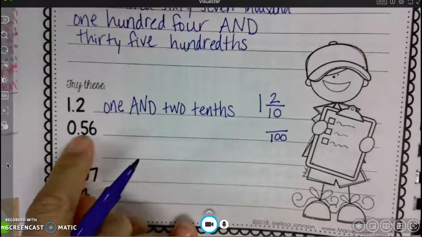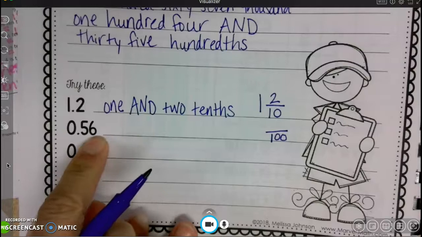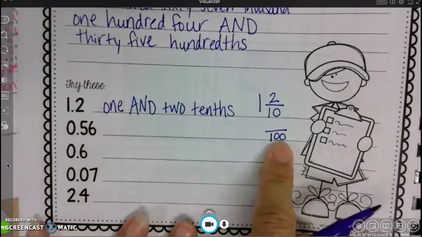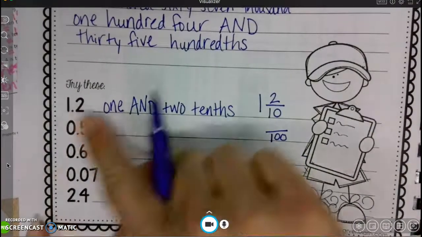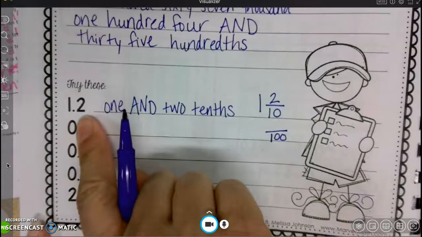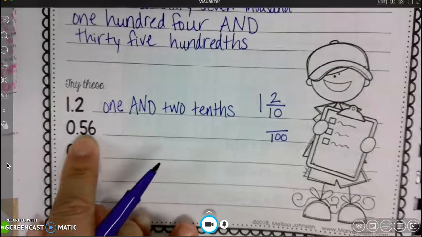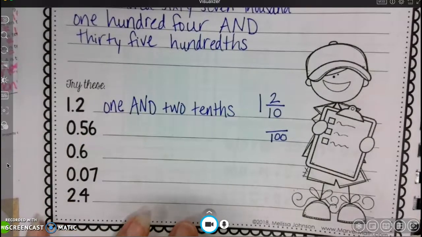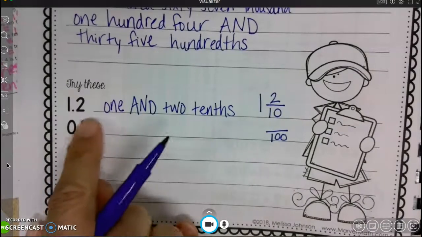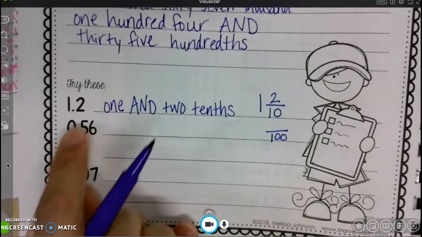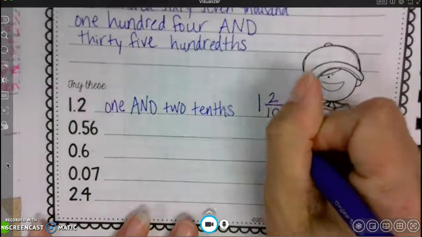The 5 is in the tenths place, and the 6 is in the hundredths place, so that lets me know my denominator has to be 100. Do I have anything in front of my decimal? No, so I'm not going to put anything in front of my fraction. And then my numerator is going to be what? Almost there. You have to put this whole thing as your numerator. 56 is going to be your numerator.